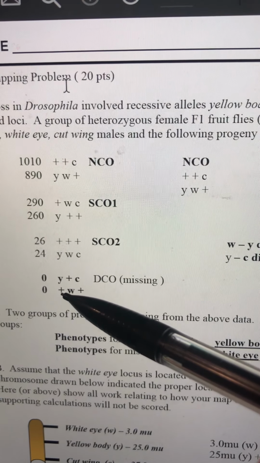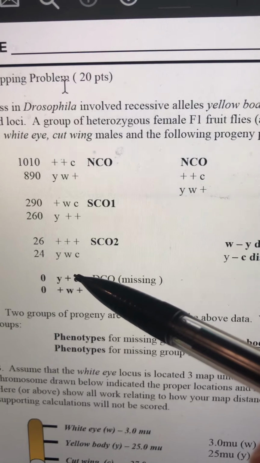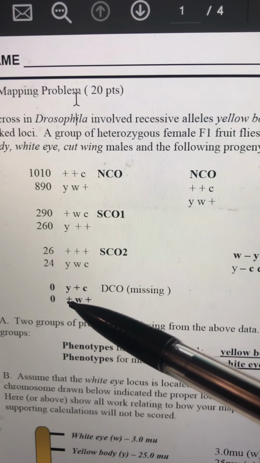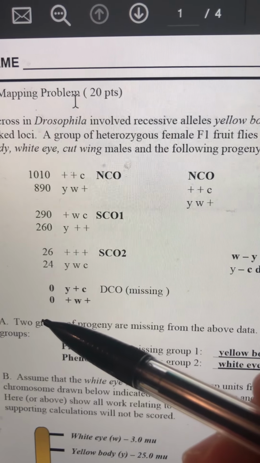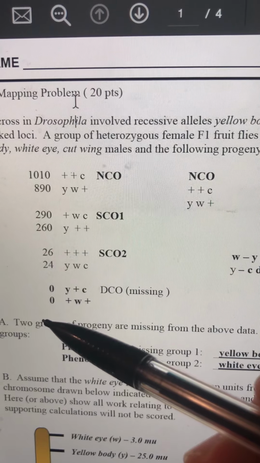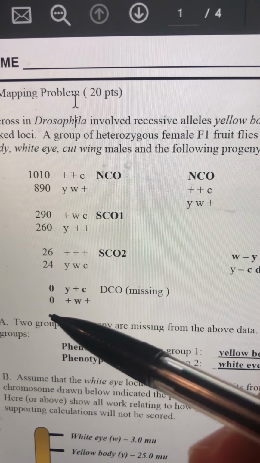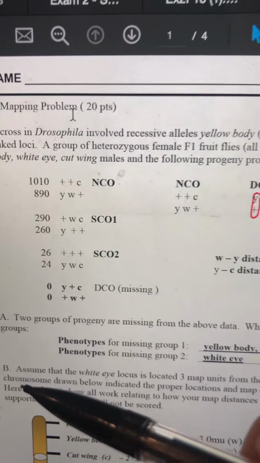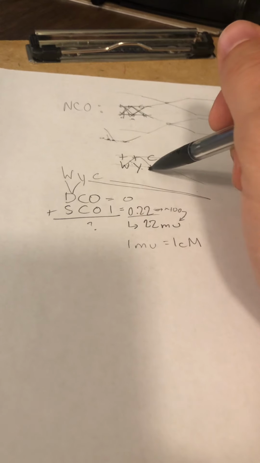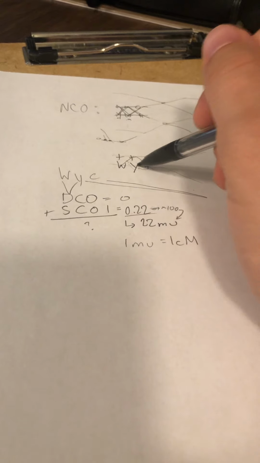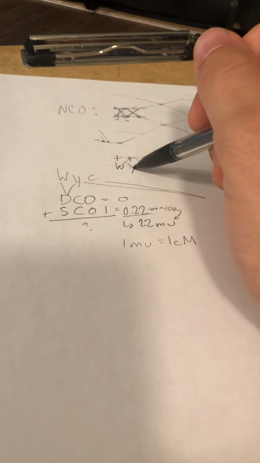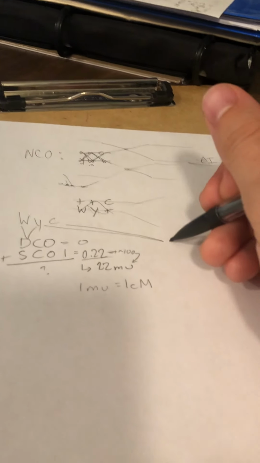Double crossover is going to have crossing over, because it always does, but if we try to visualize it, you have that Y flipping up. You're going from, yeah, that's right, I drew it here. So obviously this is a crossover between Y and C. So let's do it.